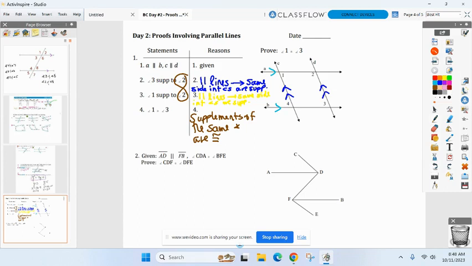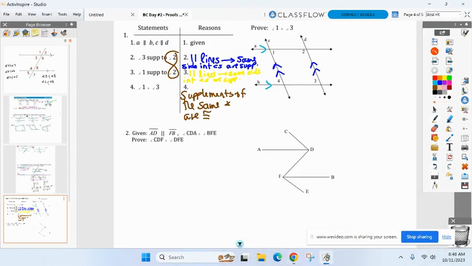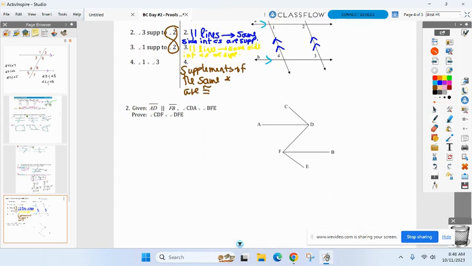Okay, here we go. Let's keep grinding. Two more. Mark up your diagram for me. Now you've got to start fresh. Statements, reasons.